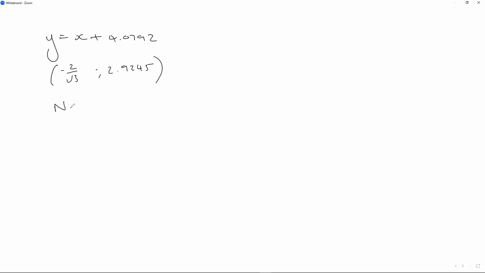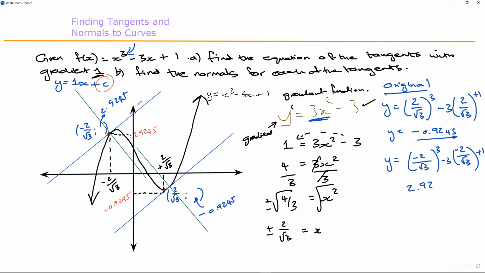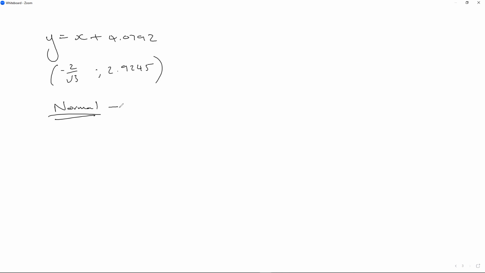And I'm going to use this now to get the normal. But we know that the normal is perpendicular. If I go back to the original, this normal over here is going to be y equals negative 1x plus c, going through that same point. And this one over here is going to be y equals negative 1x plus c, going through that same point over there. So I need the 2 points, and I just need a negative 1 gradient, because perpendicular gradients multiply to become negative 1. So y equals negative 1x plus c.